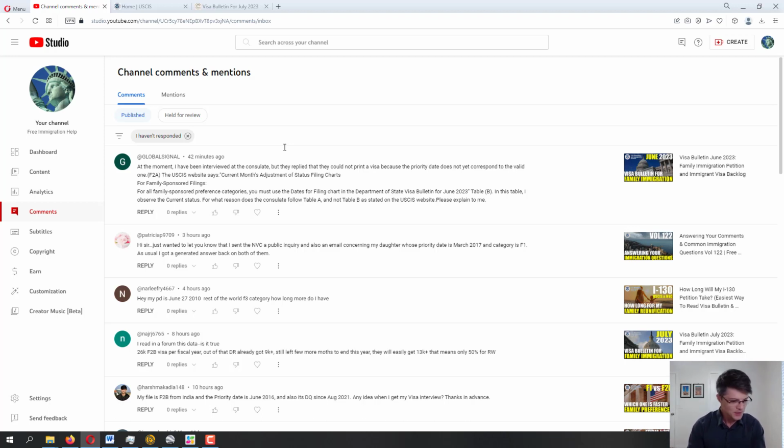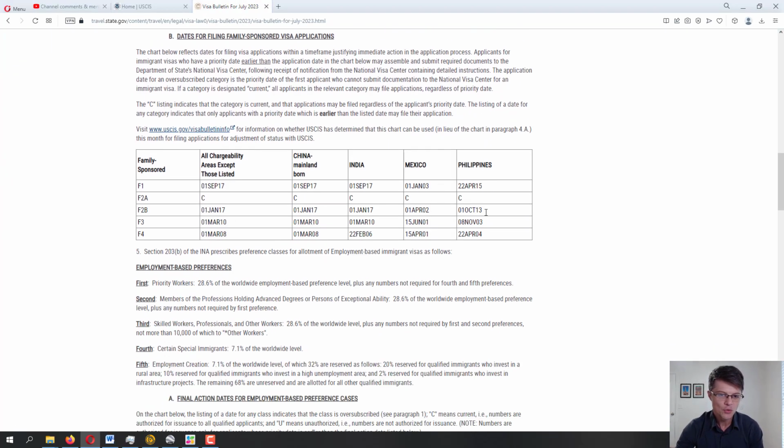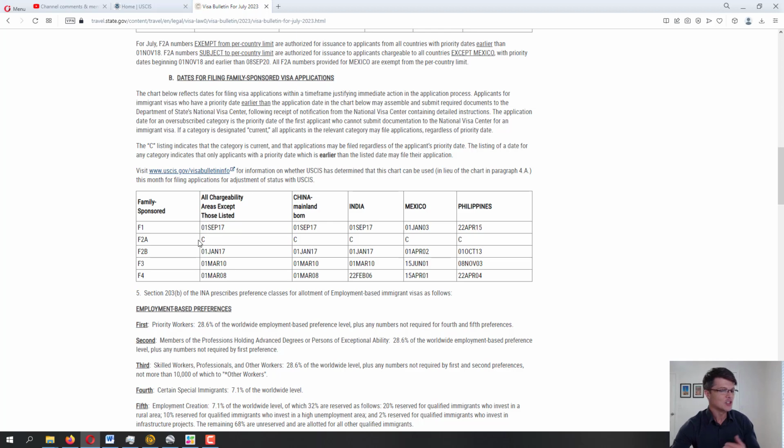Now the difference between Table A and Table B is that Table B is showing people when the NVC portal is opening up. If you look at the visa bulletin, you will see that for F2A, which is your category, Table B is current, meaning that once the USCIS approves the I-130 and transfers the case to the NVC, there is really no wait time before the portal at the NVC opens up so that you can become documentarily qualified.